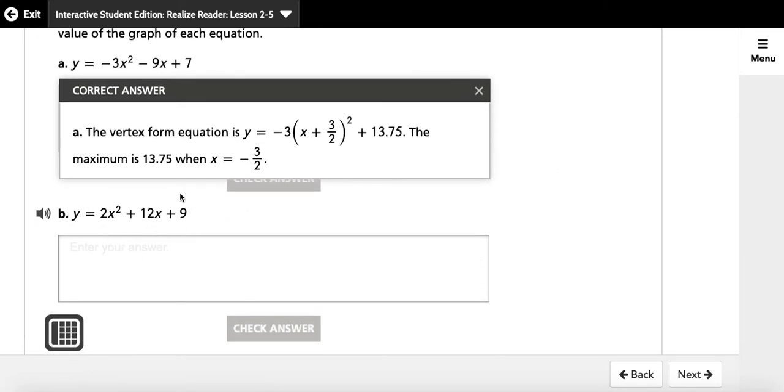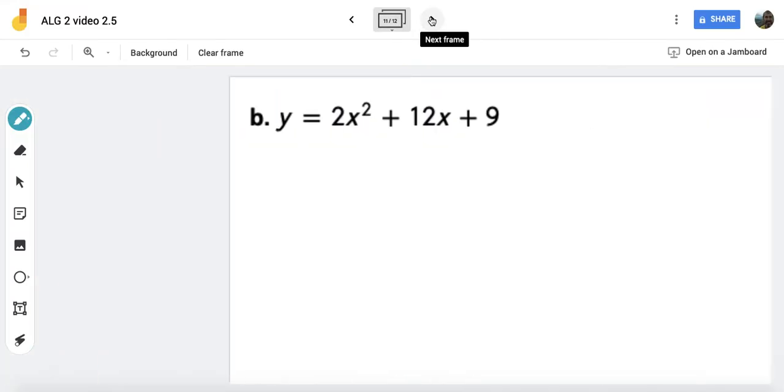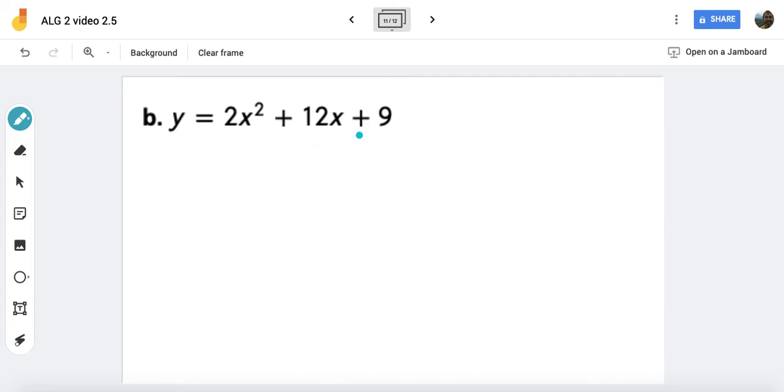All right, why don't you try this one? Click pause, try this one, and come on back. All right, we need to get the 9 over to the side, so y minus 9. And I'm going to factor out the 2 and get x squared plus 6x.